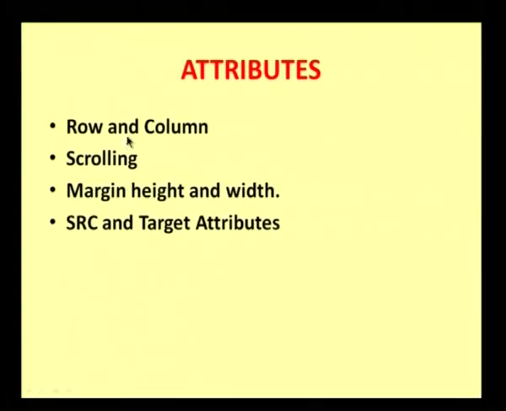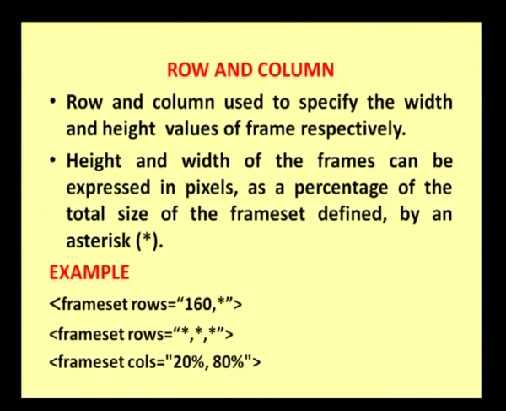We have attributes such as rows and columns, which we have seen now, and the scrolling attribute, margin height and width attributes, source and target attributes. Let us see the first attribute, rows and columns. As I said, which portion we want to divide column wise or row wise, the column value and row values should be specified by this rows and cols attribute.